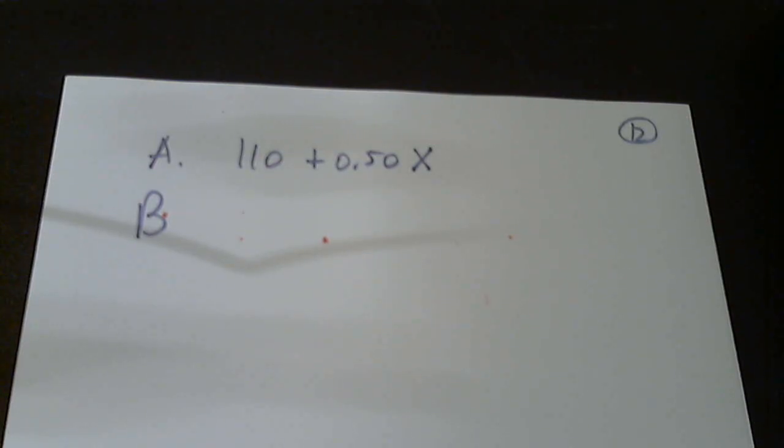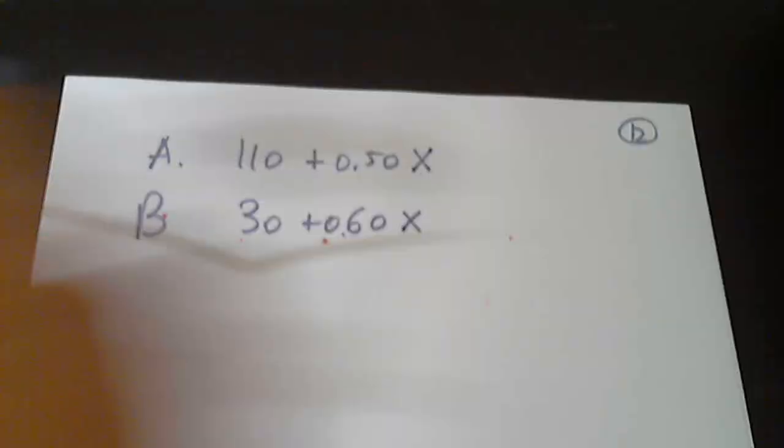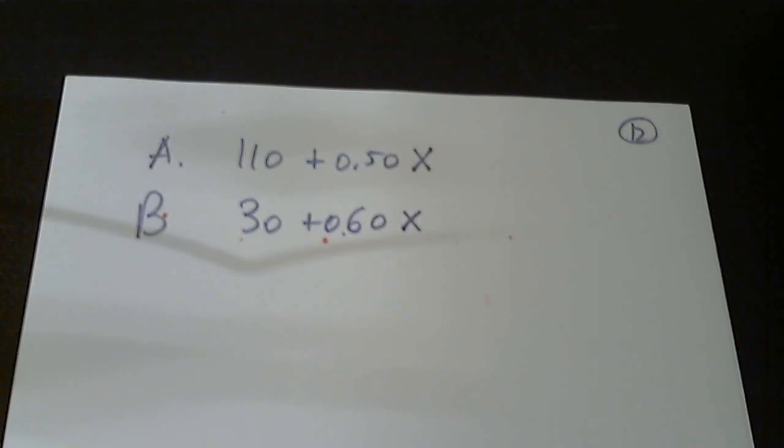30 plus 0.60 for each mile. Okay, let's see what they want. How many miles must be driven in a day to make the rental cost for company A a better deal than company B?